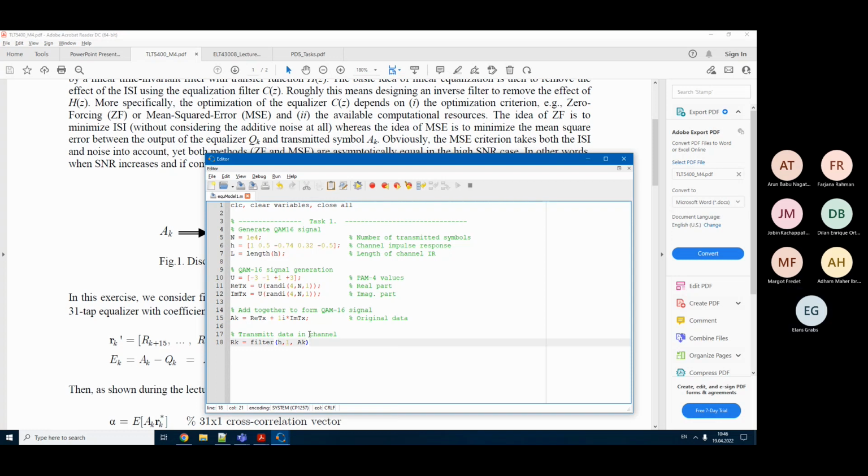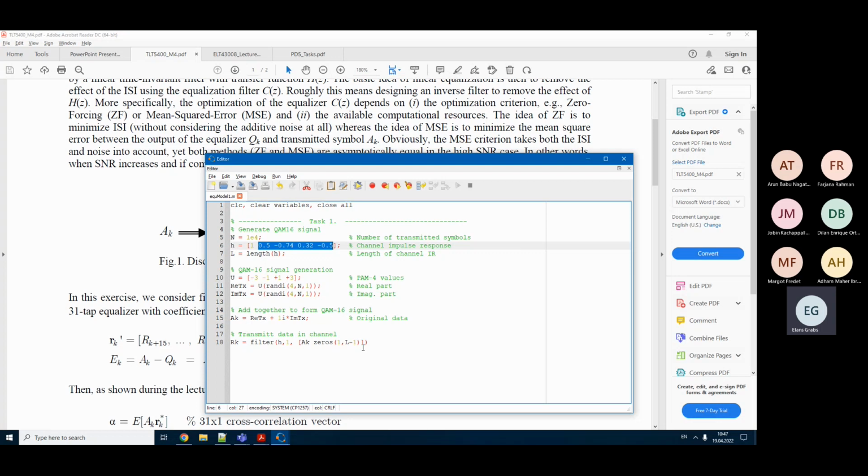Considering that this filtering will last L time intervals, we'd like to append some zeros at the end, in particular exactly L minus 1 zeros, because the sample itself of the impulse response is our symbol, and then we have 4 extra symbols in addition to our symbol.